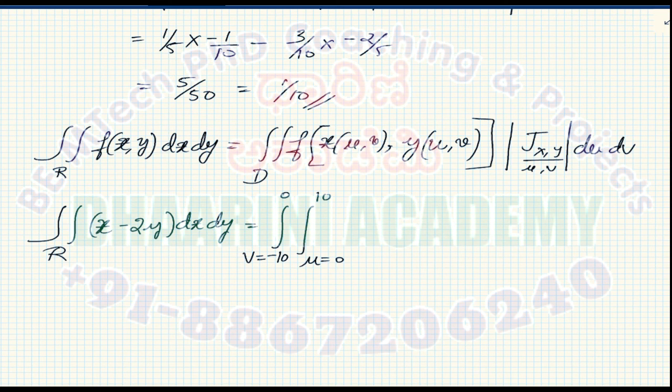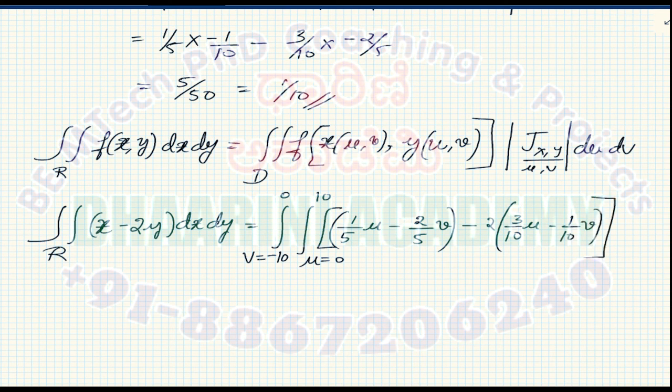Right, so this is equal to, I have to write x minus 2y, but what is x? X is nothing but 1 by 5 u minus 2 by 5 v. This is the x, minus 2 times the y, which is nothing but 3 by 10 of u minus 1 by 10 of v.